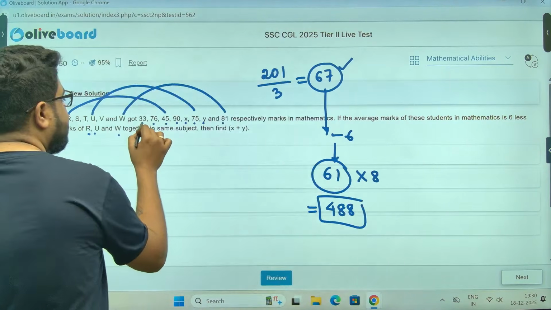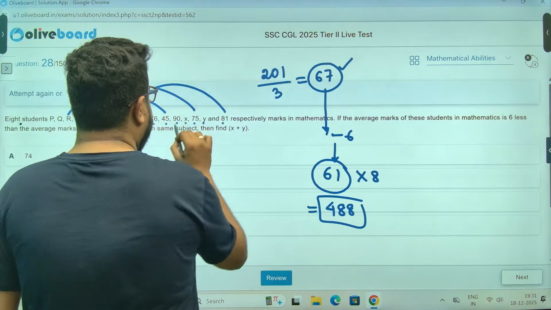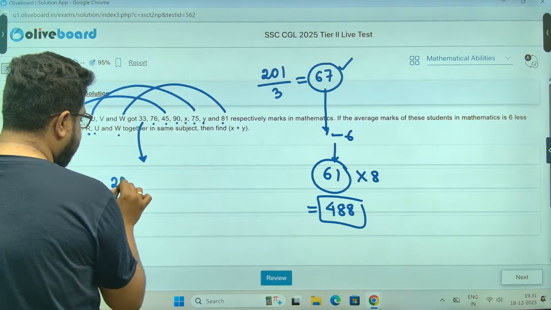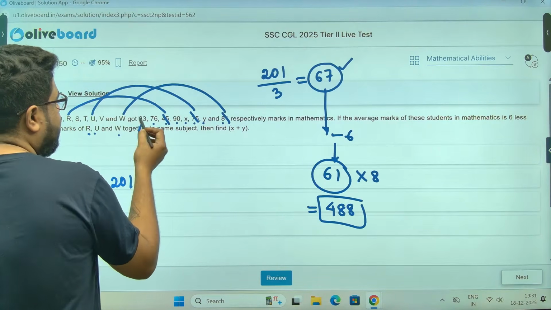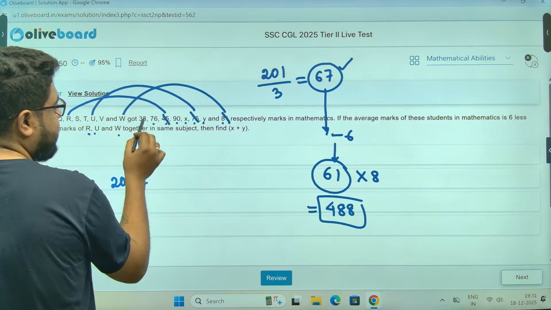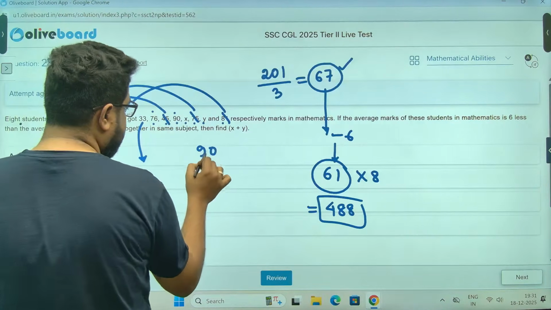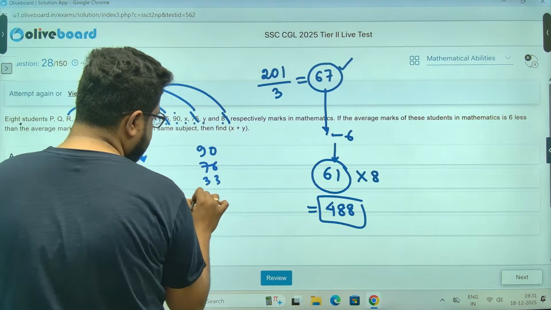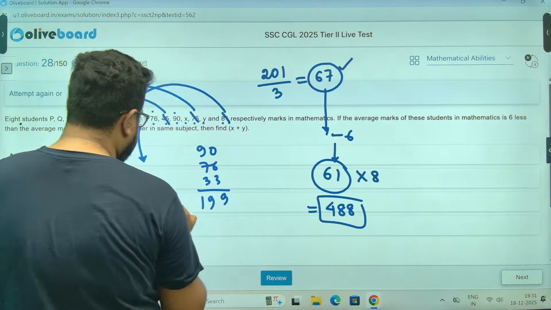Okay, sir, now add them. This I know, 201. That I'm not calculating again. Now the remaining is this: 90, 76, 33, 9, and 10, 19, 199.